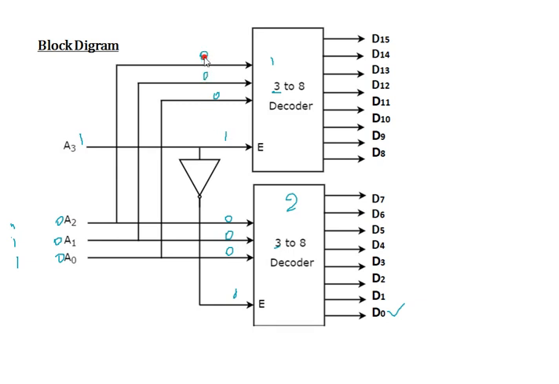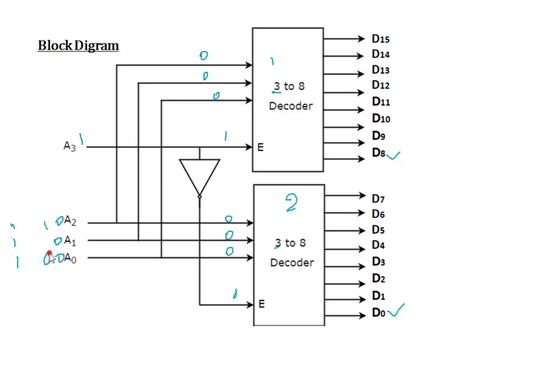So observe here 1 0 0 0, nothing but D8 is my output. Observe first A3, A2, A1, A0, so this is my A2, A1, A0, 1 0 0 0. So 8 is the output.